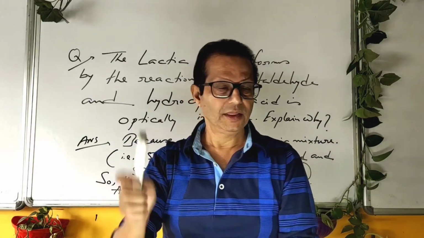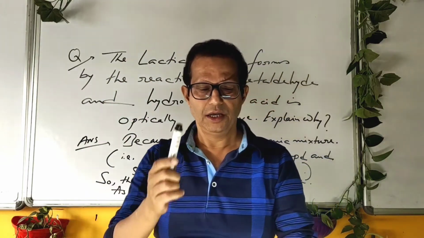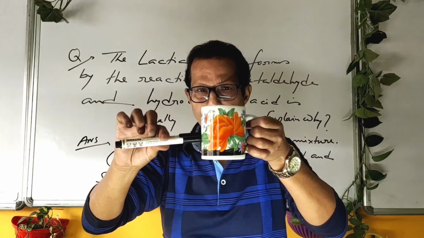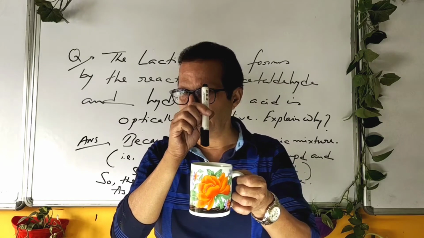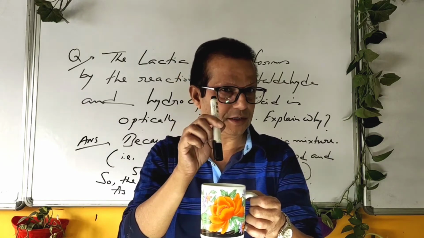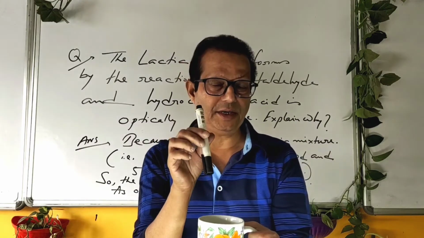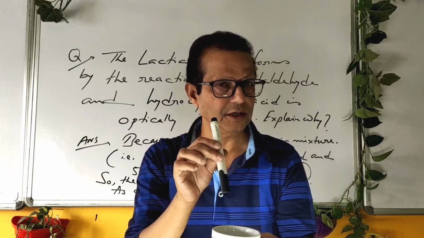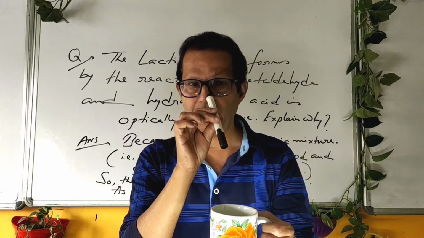Means the lactic acid which you get by this reaction, if you pass plane polarized light and see through the polarimeter, which is an instrument to measure the optical activity. I repeat, polarimeter is an instrument or device to measure the optical activity.